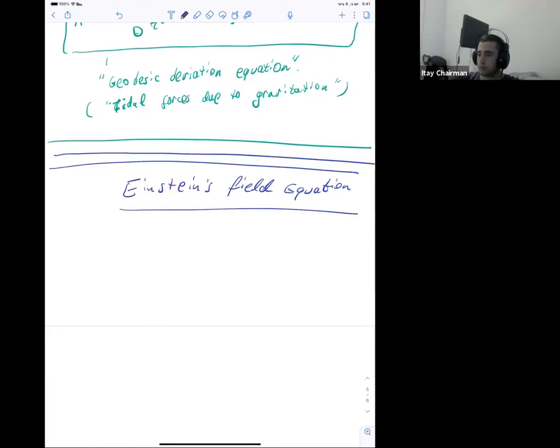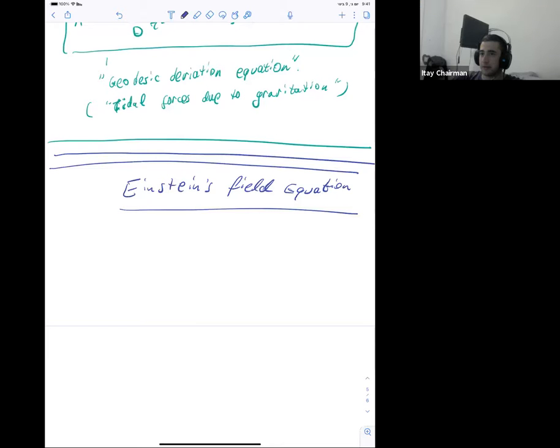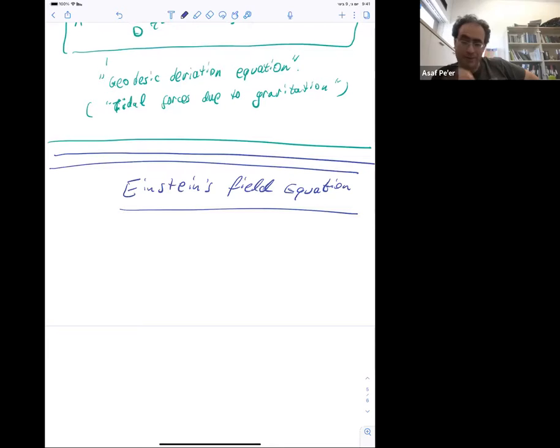The force between two objects. Yes, that would be the 17th century. Now let's progress to the 19th century: the field, the potential.